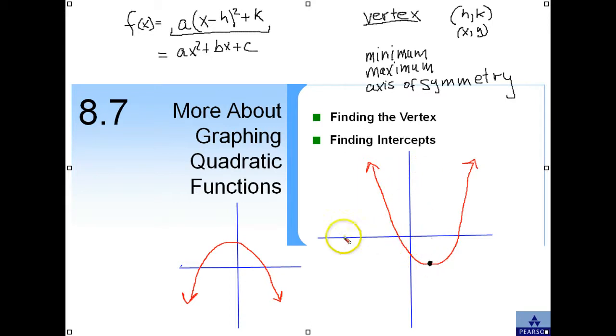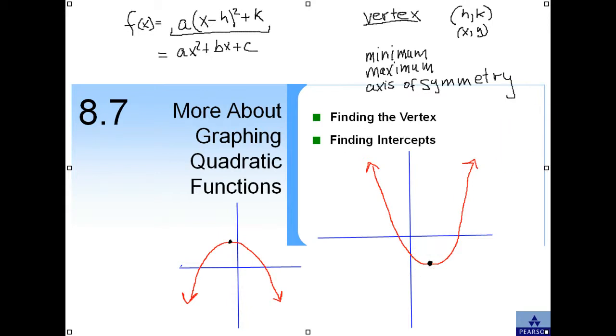Now, if A is negative, the vertex is going to be the maximum because it's opening down and the curve is at the top here. So if A is negative, the vertex here is the maximum. If A is positive, the vertex is the minimum.